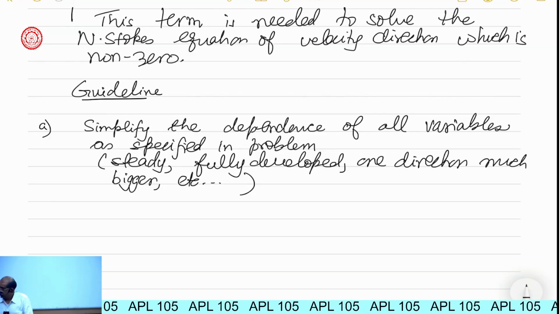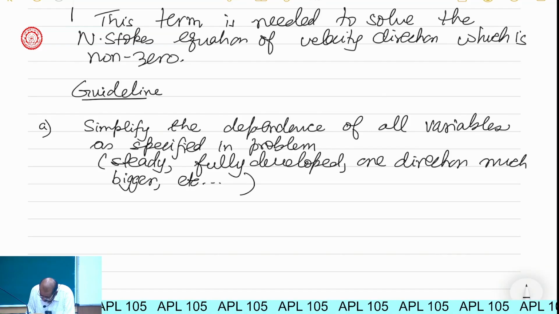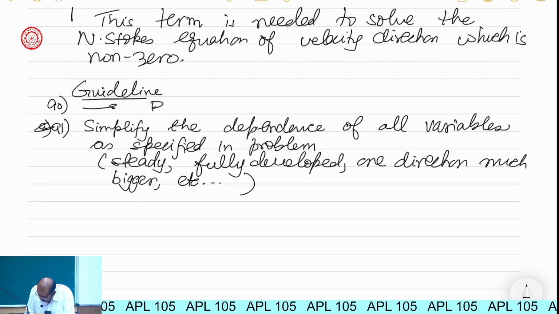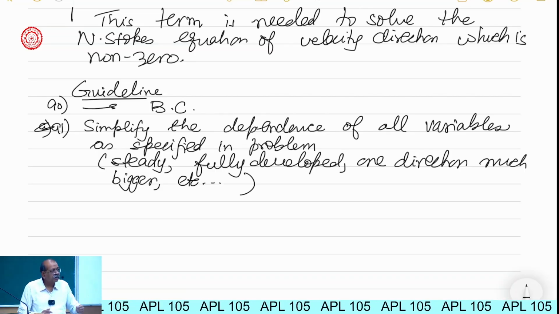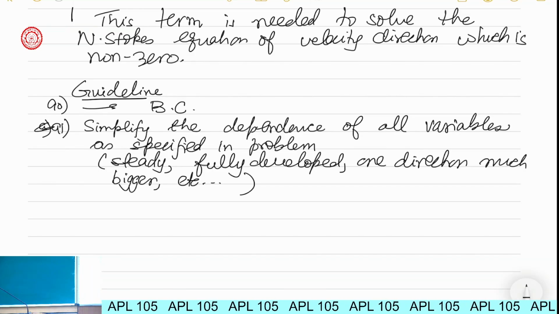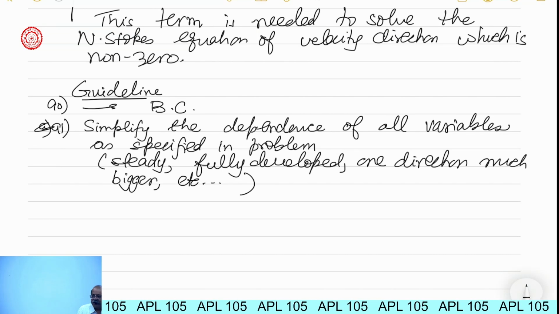Okay. And then, in fact, actually there is a step, I will call it A1. A0 is the boundary conditions. Even before you solve the problem, state and write all the boundary conditions because they will be needed finally.